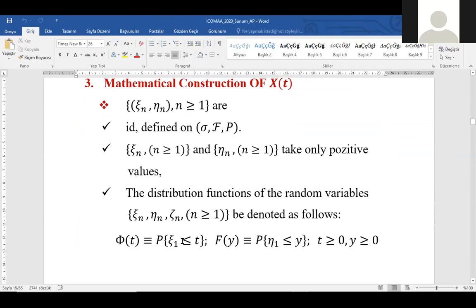Mathematical construction of my process X(t). We have Xi_n and eta_n random variables, defined on a probability space (Omega, F, P). Xi_n and eta_n take only positive values, and we have assumed that the distributions of these random variables are known and are denoted as follows.